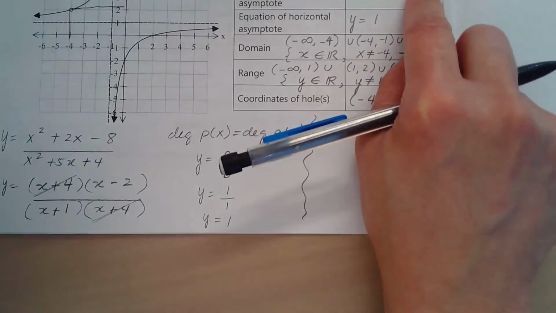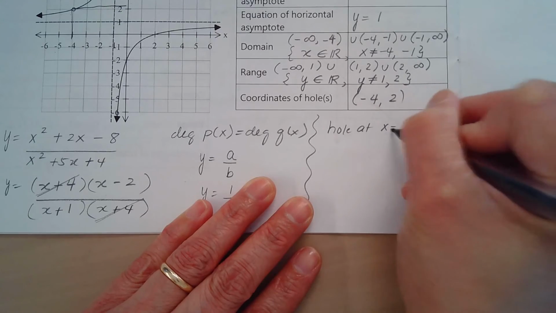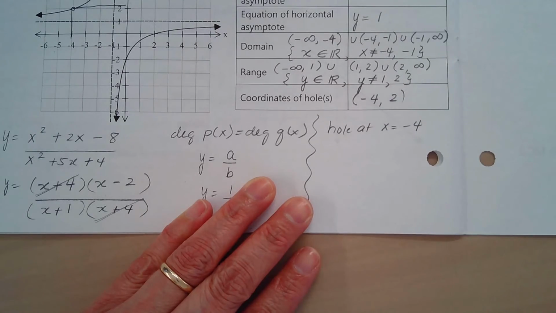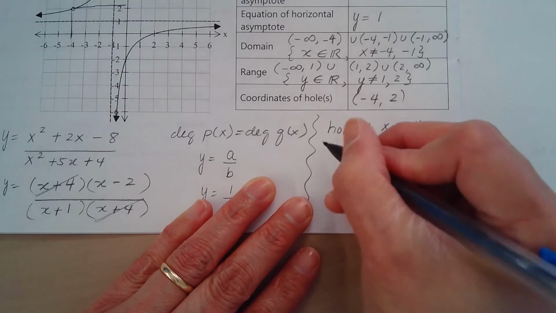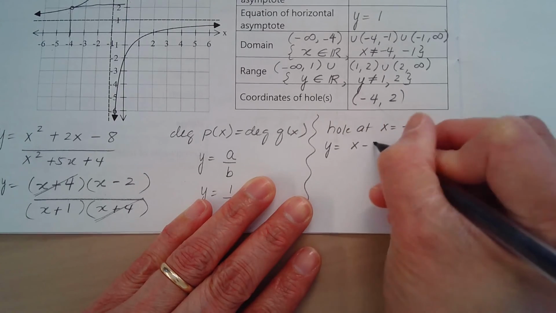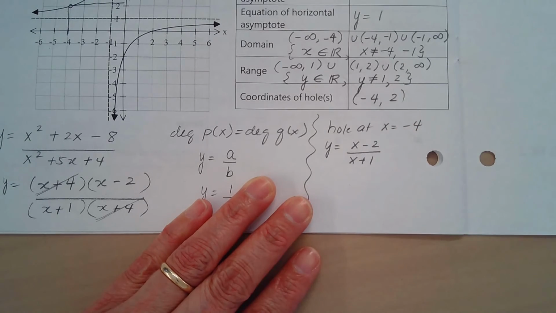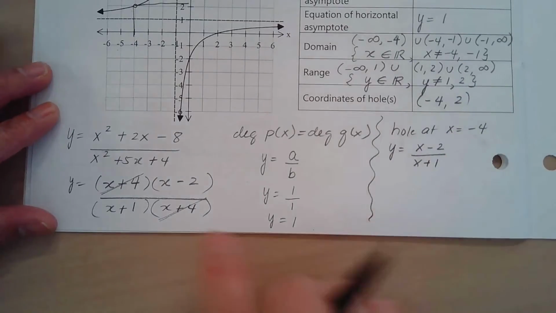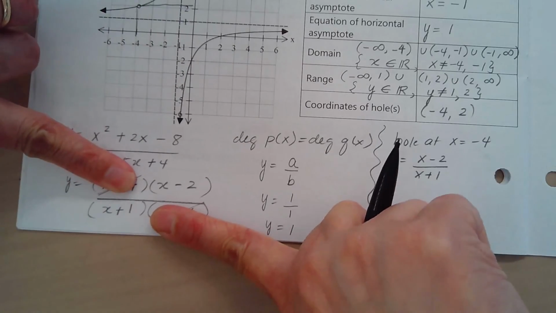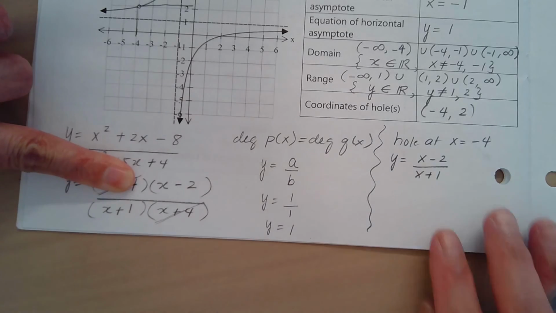Once the x plus 4 cancels out, we're left with x minus 2 over x plus 1.